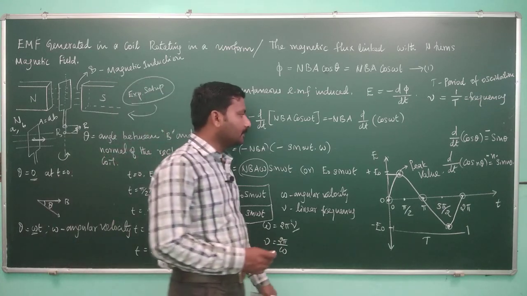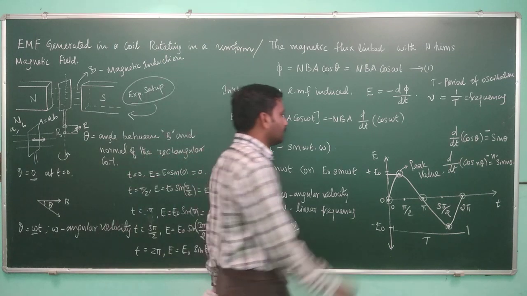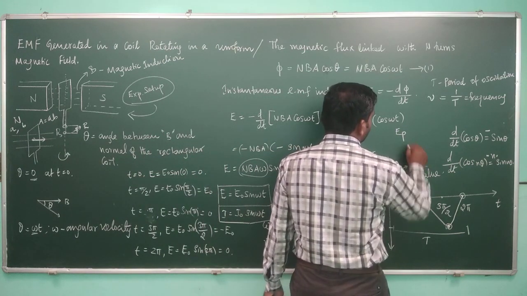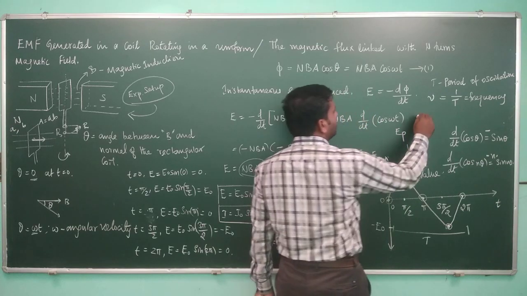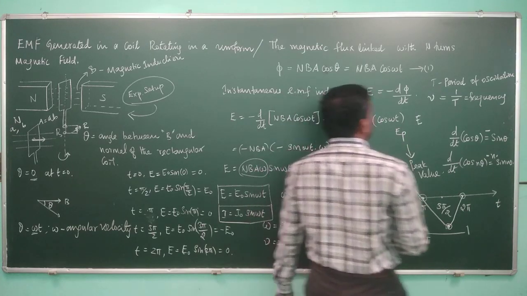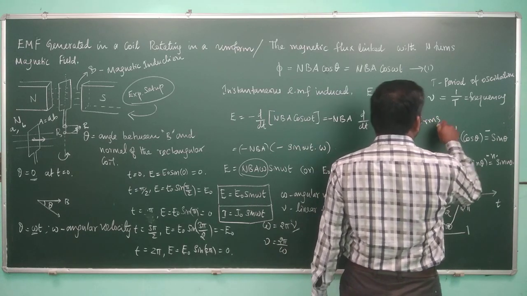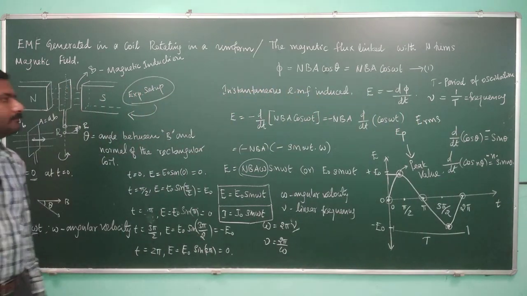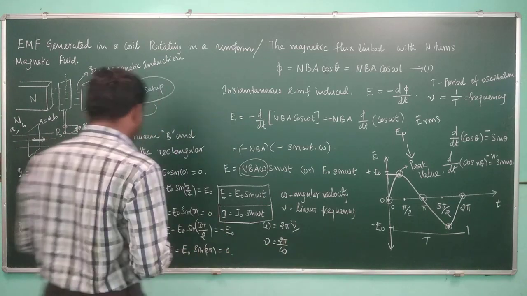We also have another term, the root mean square value, RMS value. The peak value we denote by E P. Another term usually used in this field is E RMS, the root mean square value. How to calculate that, we will see now.